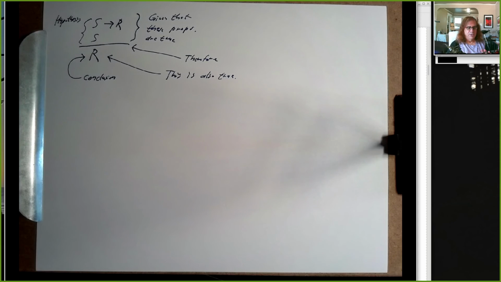All right, why do we want to do this? We can prove things with truth tables, right? But truth tables get really big really quickly.